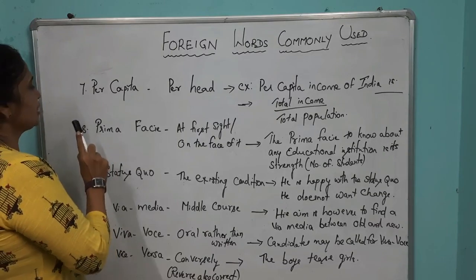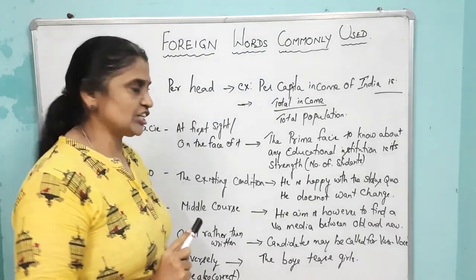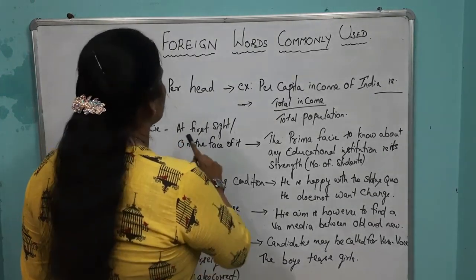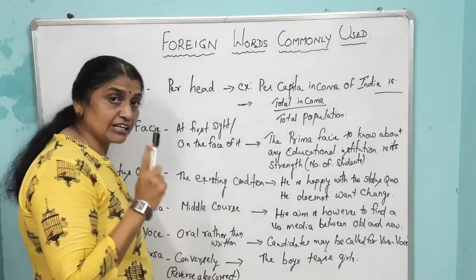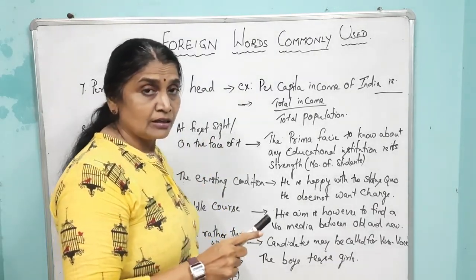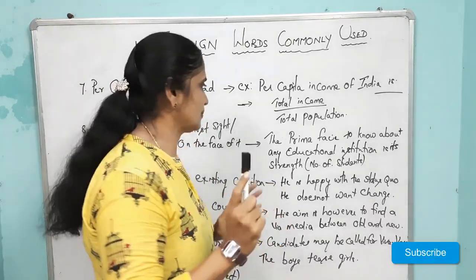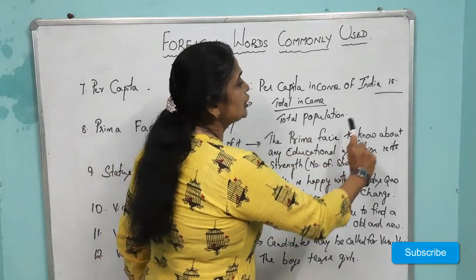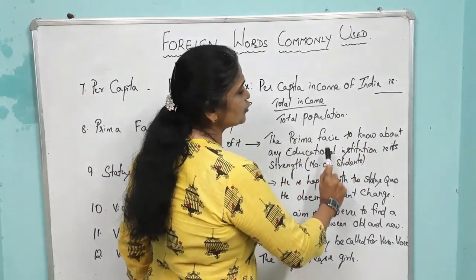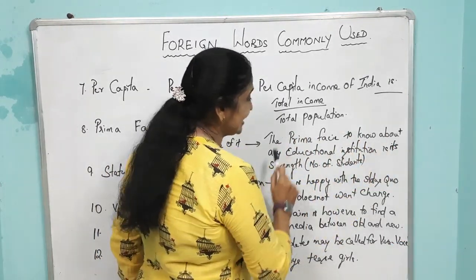We'll go to the next word, the eighth one. Prima facie. What is the meaning of prima facie? That means at first sight, at first glance. First information, rather. You can even think of it as first information. So, the prima facie way to know about any educational institution is its strength.